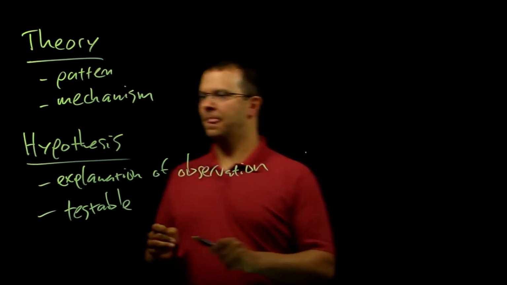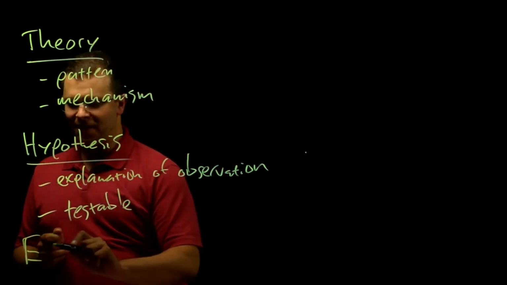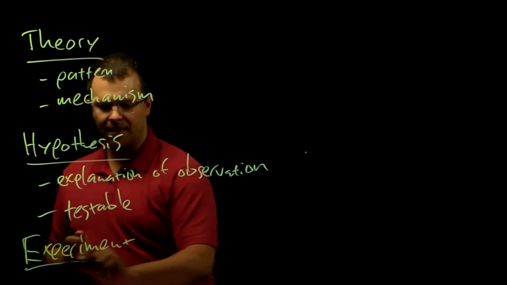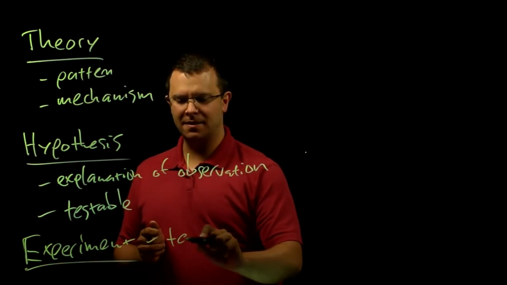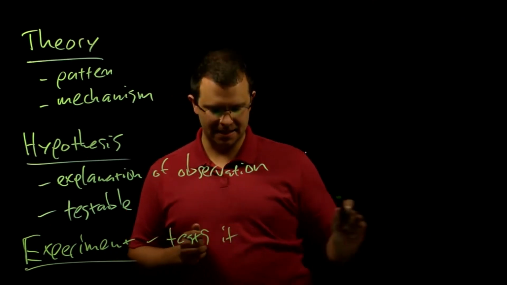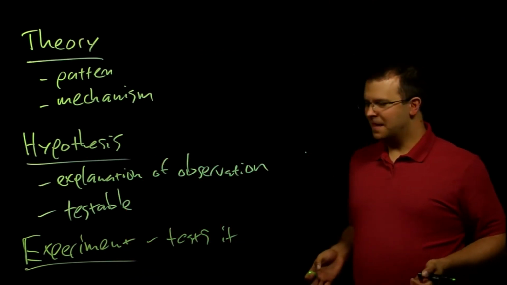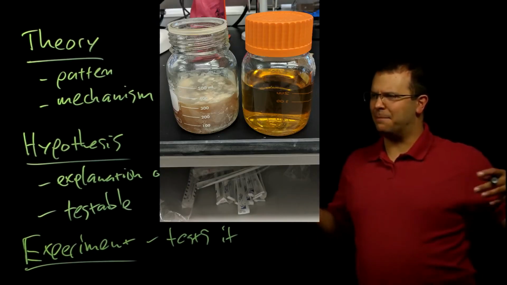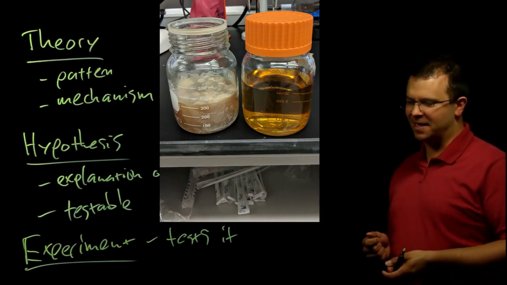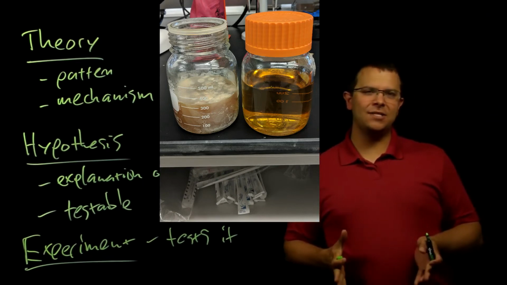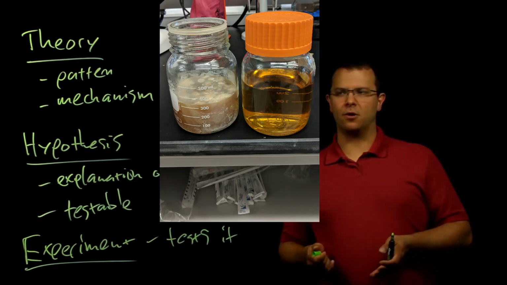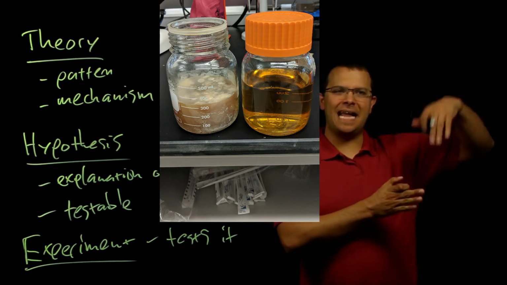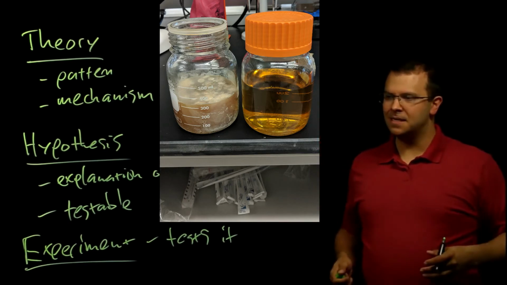And now, once I've developed this hypothesis, I can develop an experiment that tests it. And so I might imagine taking some freshly made broth and putting a cap on it and boiling it for an extended period of time and setting it right next to my open freshly made broth and asking, okay, the closed container isn't having anything fall into it.